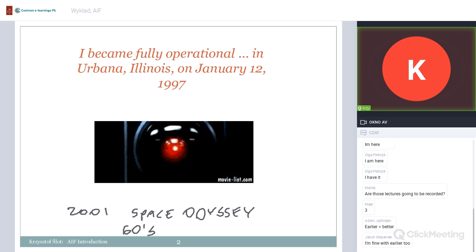I recommend to watch it, and this is a quotation. These are words said by Hal. Hal was a computer, and it was a vision of how far computers can get in almost 50 years from that point in time. And it was an intelligent computer.